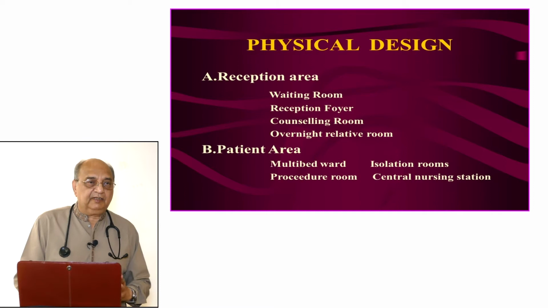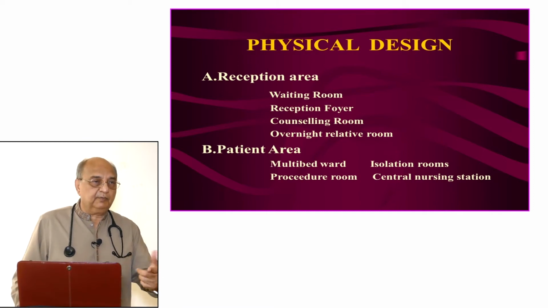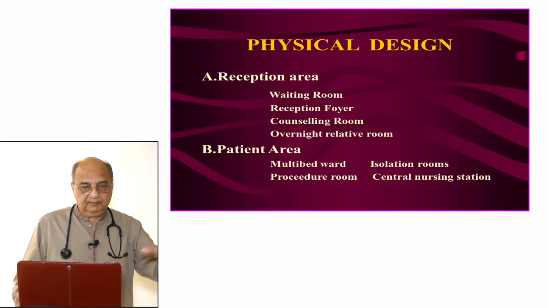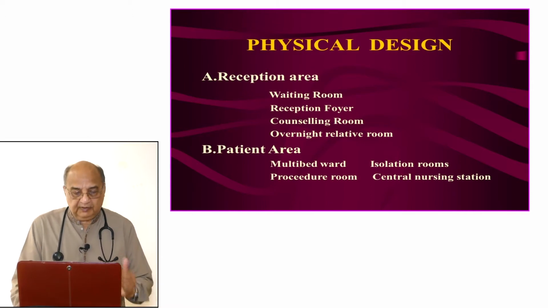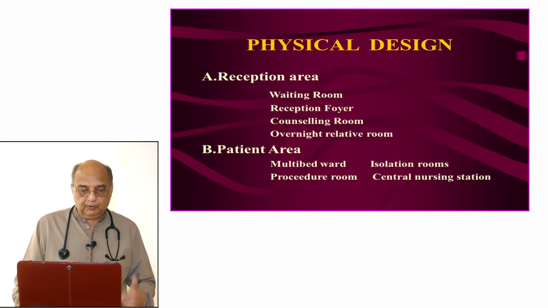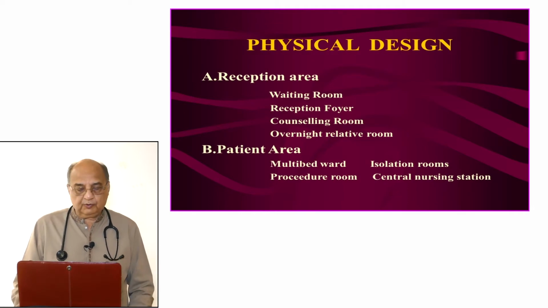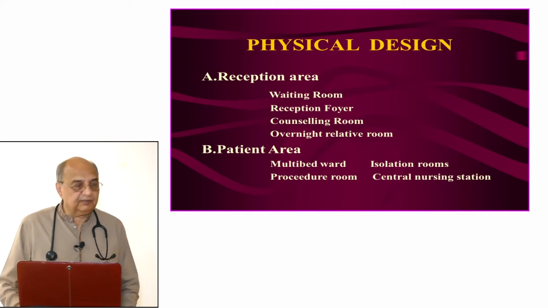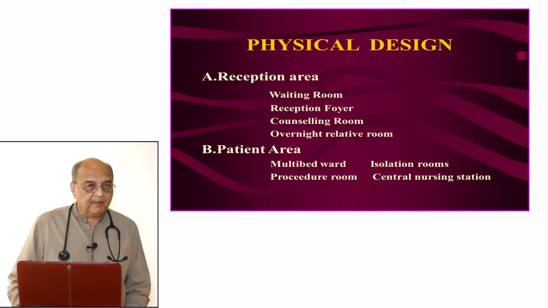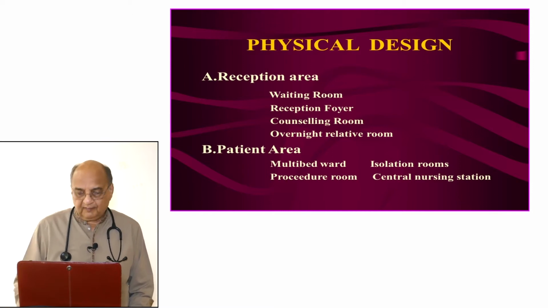Then the patient area: a multiple bed ward, as we have got, it should be open. Then there should be isolation rooms, a procedure room, and a central nursing station. So almost we are fulfilling these requirements.